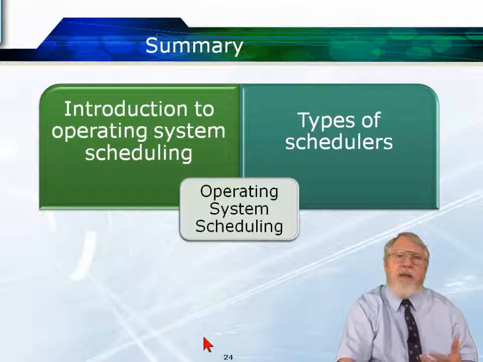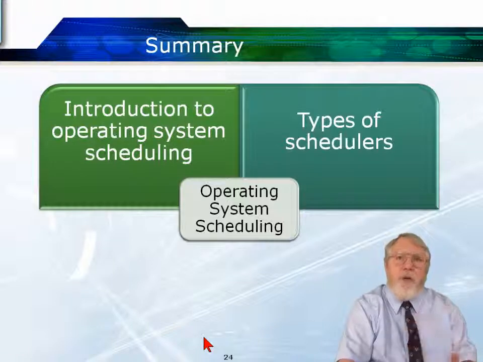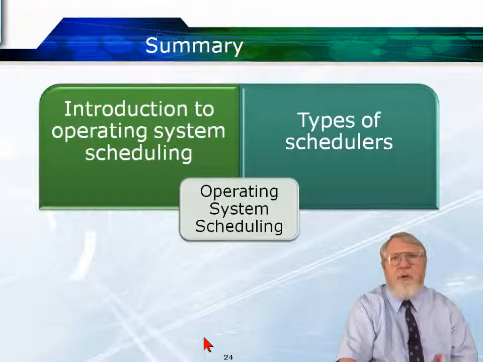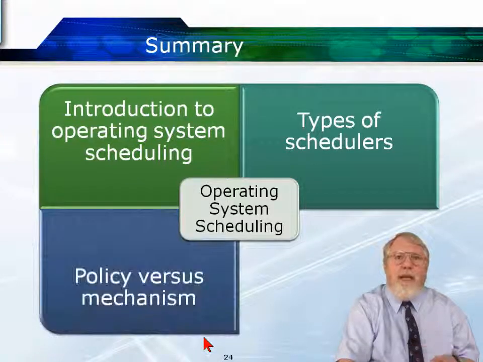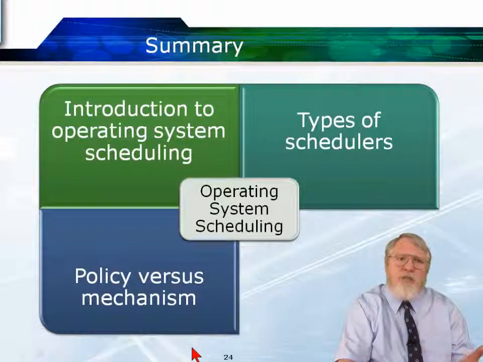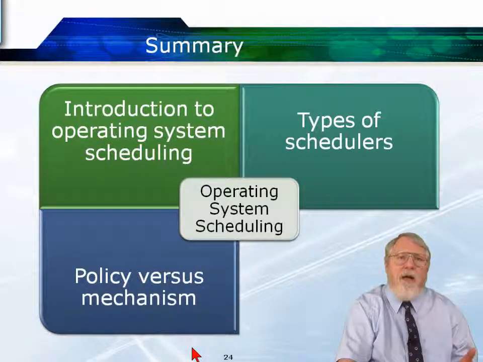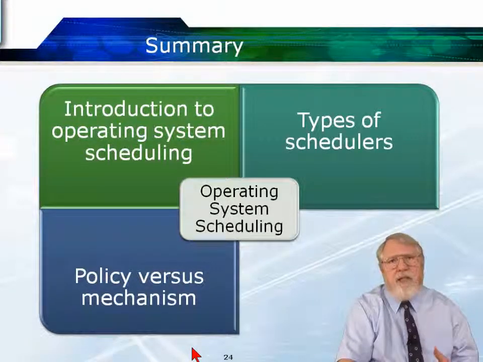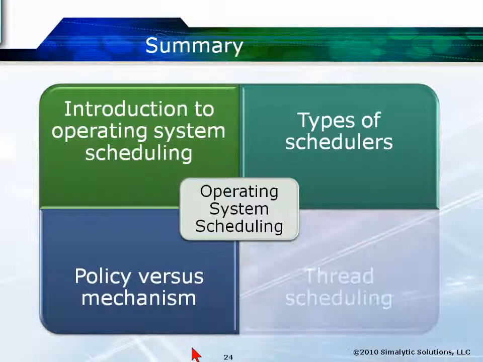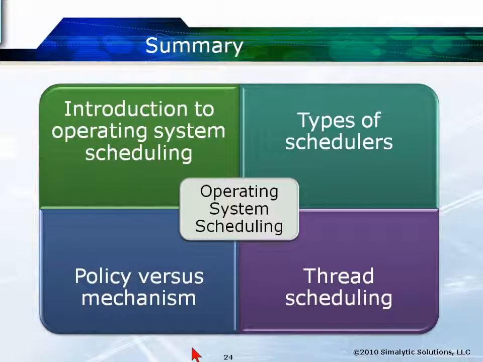There are many different types with different objectives, different reasons to implement scheduling in different operating systems. We looked at policy versus mechanism to see how we set objectives through the policy we define and then implement mechanisms to enforce and manipulate that policy. And lastly, we looked at thread scheduling to see how that's different and behaves differently, but also how it's very similar to process scheduling.